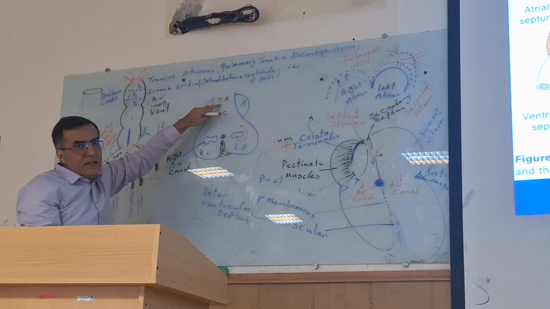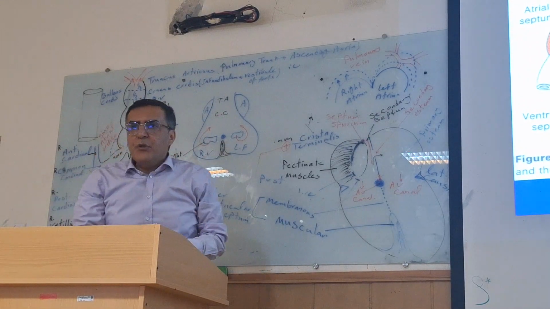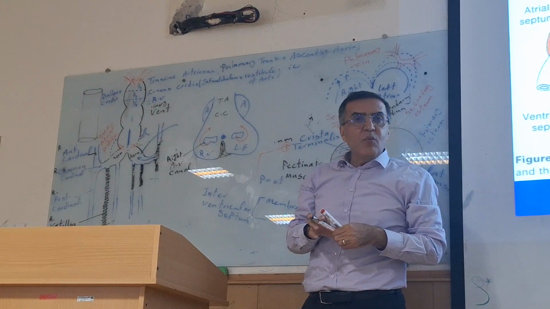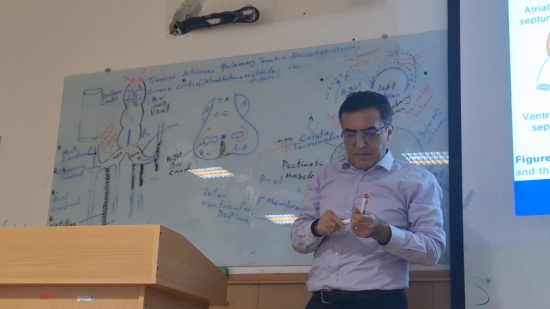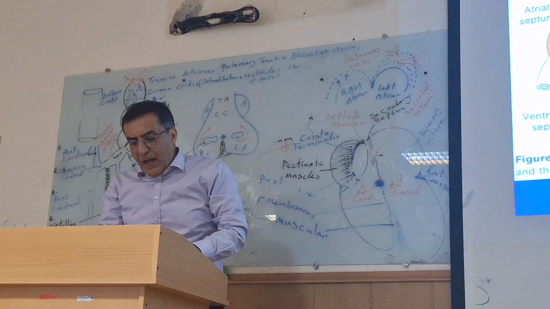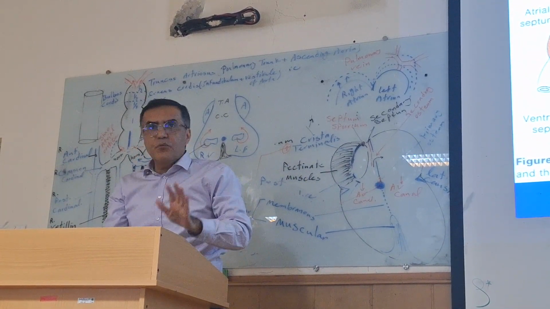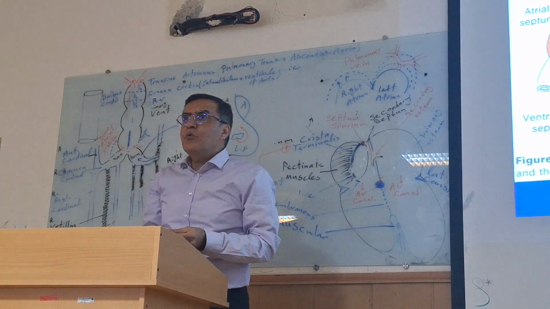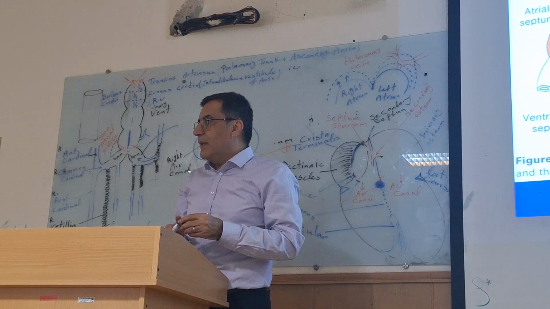TA means truncus arteriosus. Okay. What should I do now here? Is it necessary to make one septum in here or not? Yes, like the atrium, like the ventricles. We have to separate this into right and left by two septums again here.